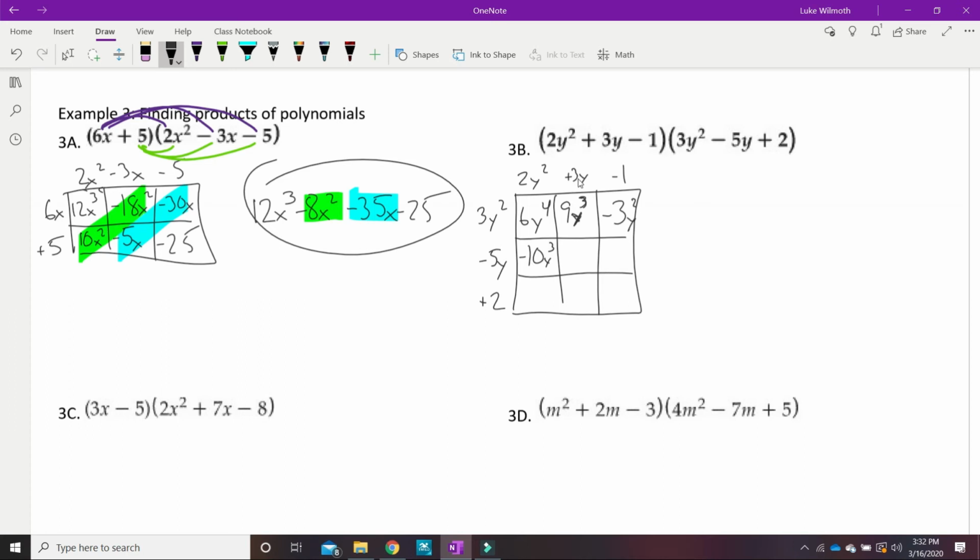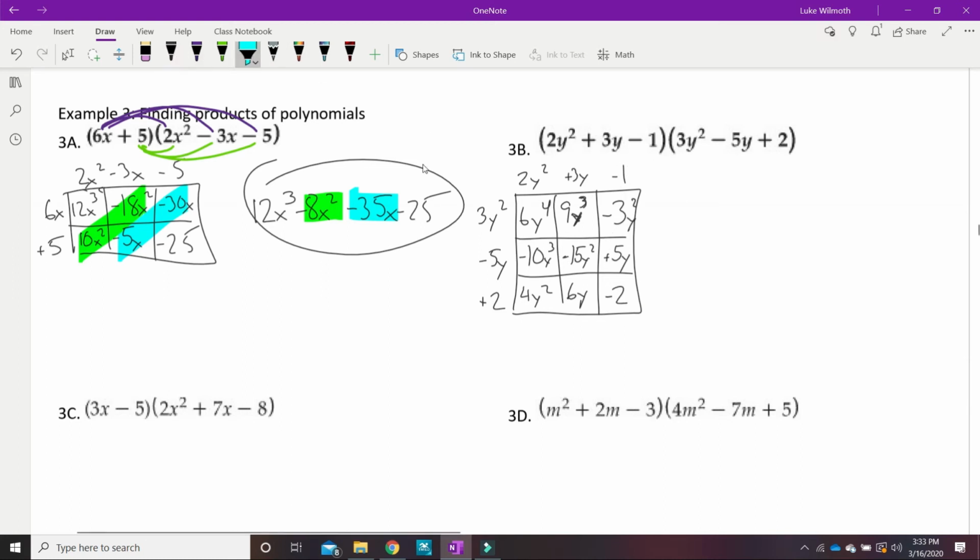Here I have 3 times -5, -15, y squared. And finally, not finally, I still have so many more to do. 5y here. The bottom row, 2 times 2 is 4y squared, 6y, and -2.